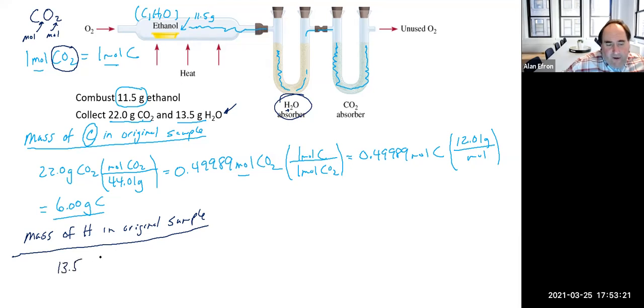So doing the same calculation, we're going to go 13.5 grams of water. We also need to convert it into moles, so we could do that mole to mole relationship. So water being 2 hydrogens at 1.008 from the periodic table, plus a 16 gives us 18.02 grams per mole of water.